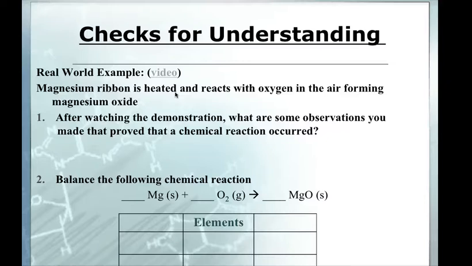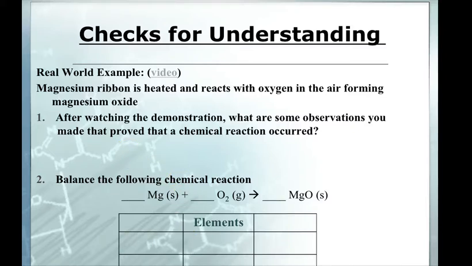So one of the tips that you have a chemical reaction occurring is that light is given off. So for example, when you're burning a piece of wood, in addition to heat being given off, light is also given off. That tells you that burning of wood is a chemical reaction or a chemical change and not a physical change. So let's balance this equation at the bottom.